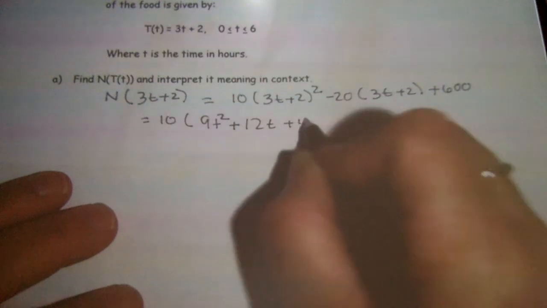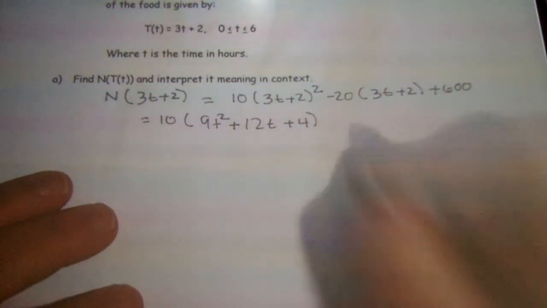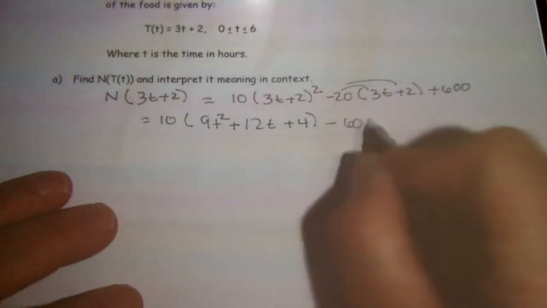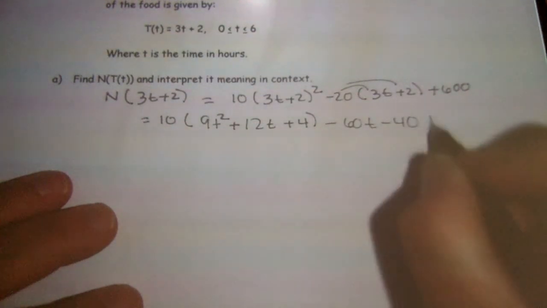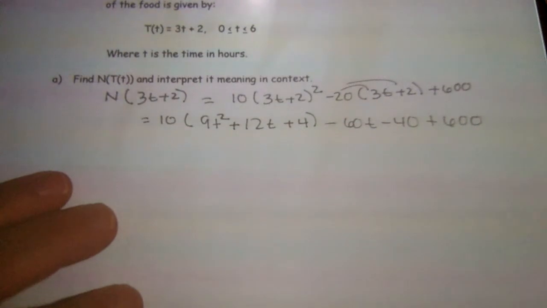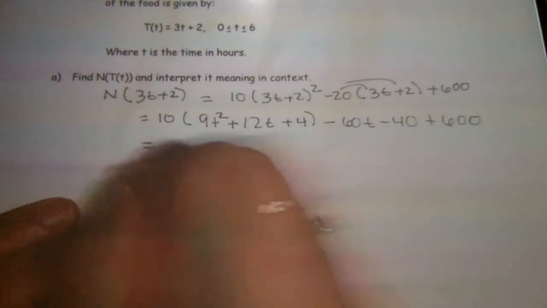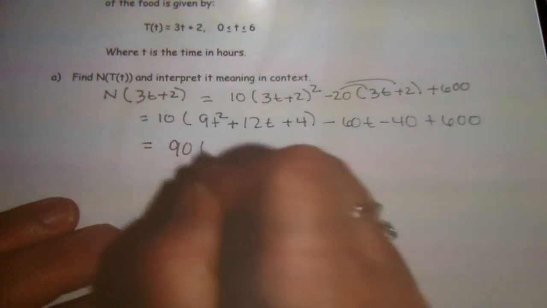Last term squared. And that's minus, distribute the 20. 60t minus 40. Distribute the 10 through.